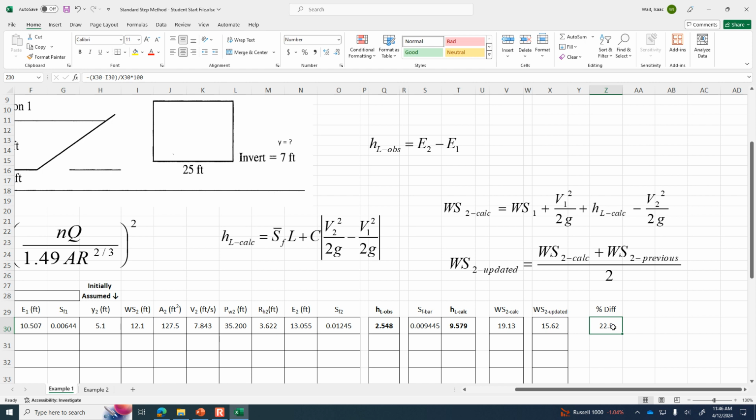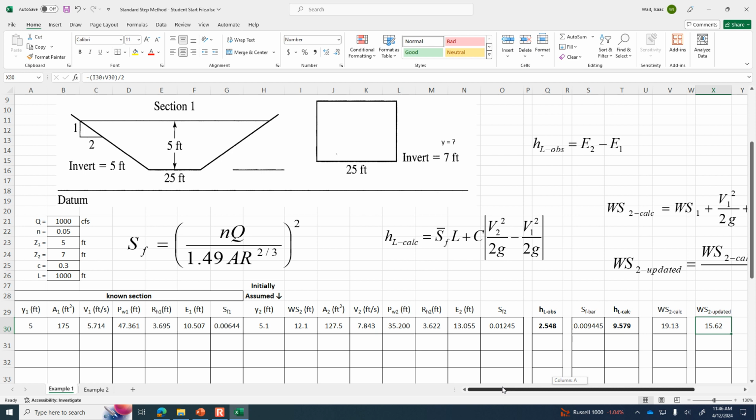We could also just see that eventually we're going to get to the point where observed and calculated match, and that tells us that the solution's converged. But it's just another way for us to see that our guess is progressively getting better: the percent difference will become smaller from row to row. Okay, so this is what we're going to use to determine the new guess depth.